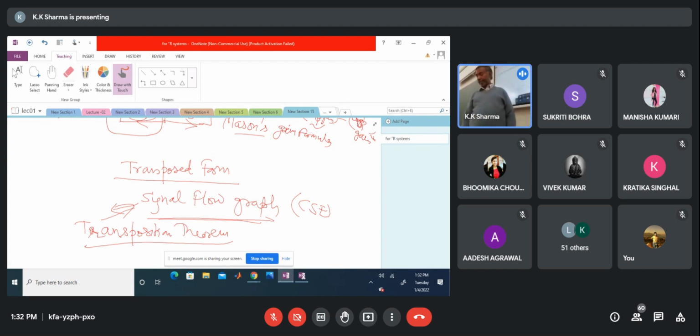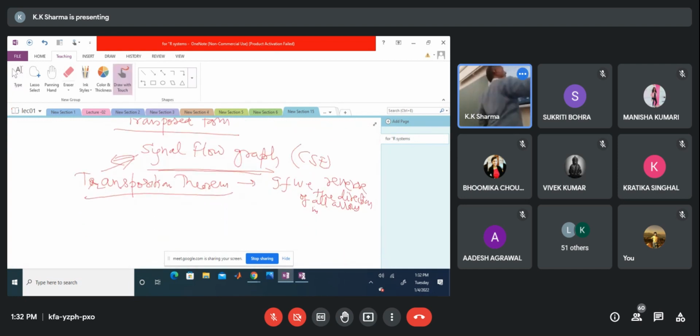This transposition theorem is saying that if you interchange the direction of all the arrows in a signal flow graph, and interchange the input with output, then your transfer function H(z) will be unchanged.